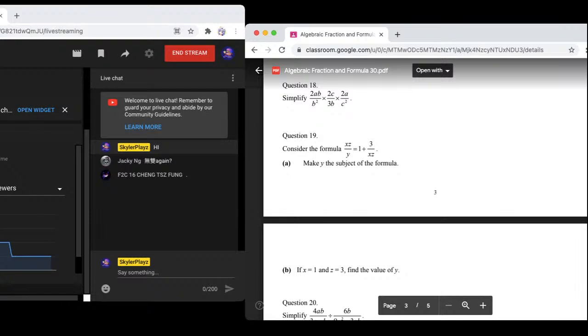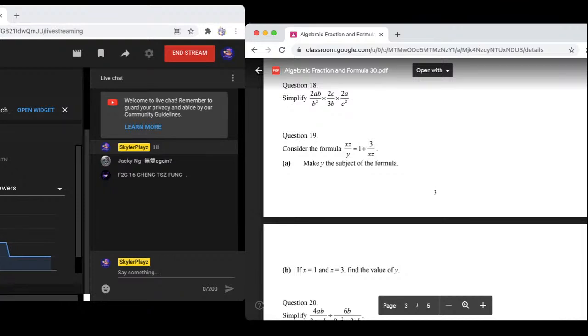Oh no, x squared, z squared. Oh, I wrote it wrong. I just correct it immediately. Reverse the fraction. So, xz divided by xz plus 3. And then x squared z squared on the top. No change for the bottom. That's my answer.